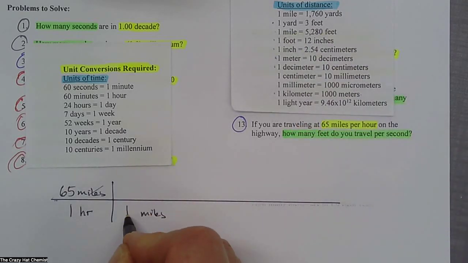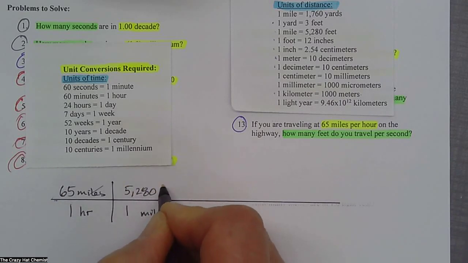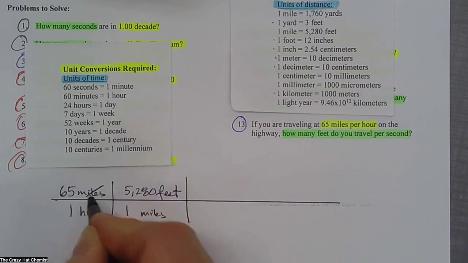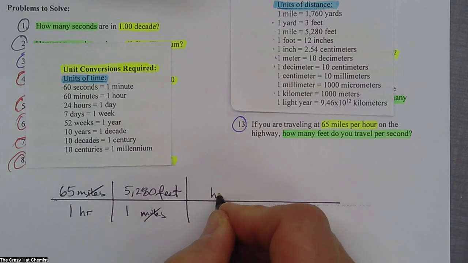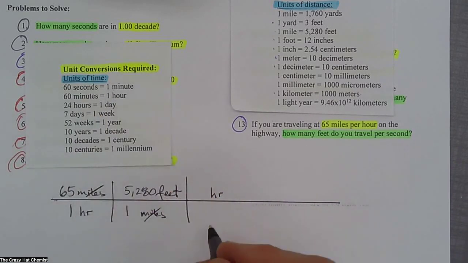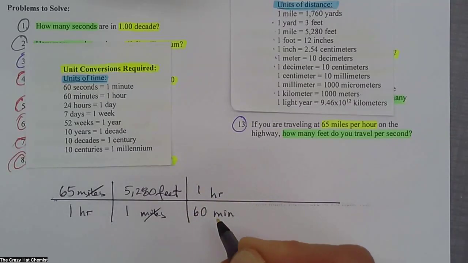So I'm going to go from miles to feet. So 1 mile is equal to 5,280 feet. And you should see that the miles cancels out. Now, hours are here in the denominator, so I'm going to have hours over here. That's a unit of time, and I'm going to go from hours to minutes. 1 hour, 60 minutes.